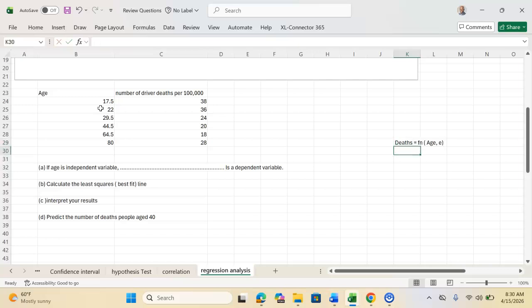So we can write our regression model as deaths equals b0, or a, plus b1 times age, plus the error term.